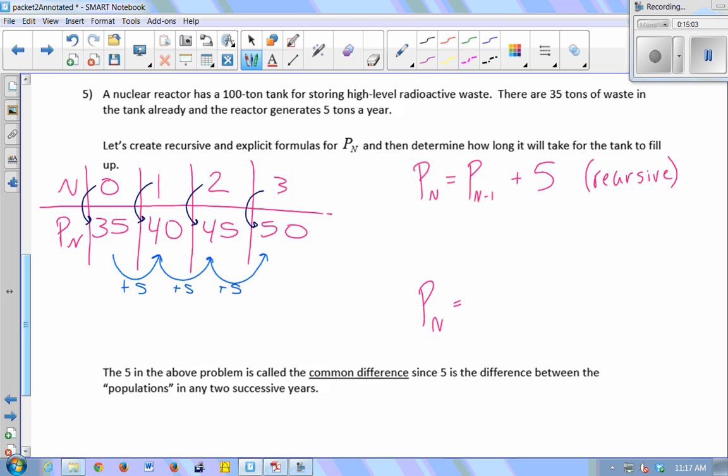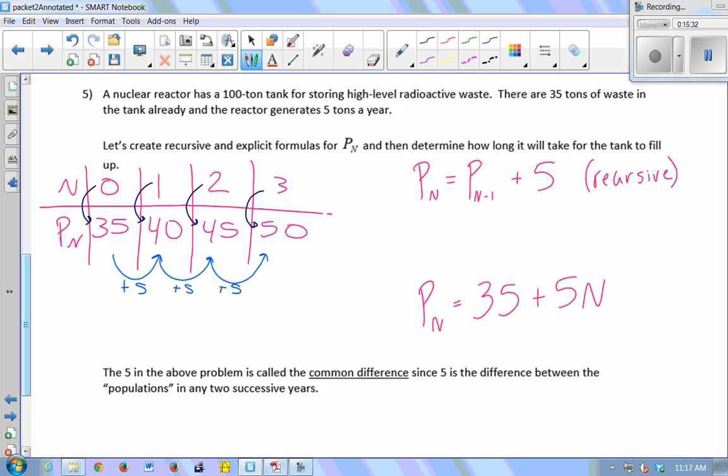P sub n equals, yep, 35 plus 5n. Can you explain to everybody how you came up with that? Very good. That was a really good explanation. So you start with 35, right? So P sub n is always going to be 35 plus something, because we're starting with 35.